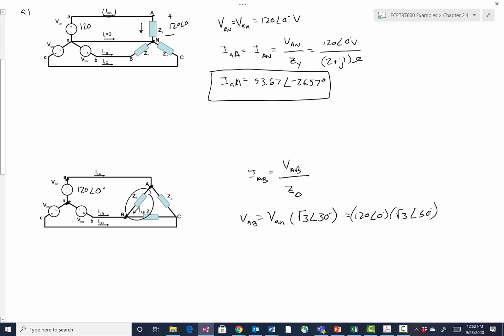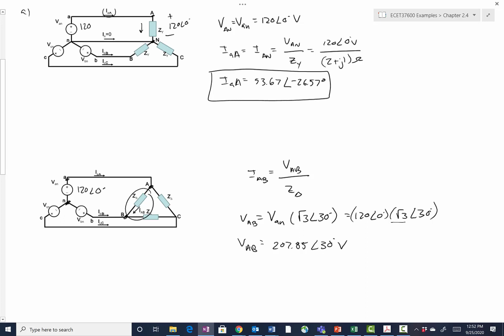So the magnitude of a line to line voltage is increased by root 3, and it leads the reference voltage by 30. So that gives us a VAB value of 207.85, angle 30 degrees volts. You may recognize that a lot of industrial utilities supply voltage at 208, and how they derive that is from two phases of a three-phase system. So that gives us VAB, which is our line-to-line voltage on phase A.